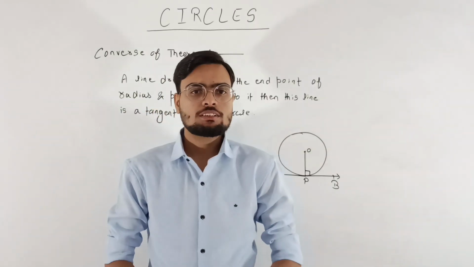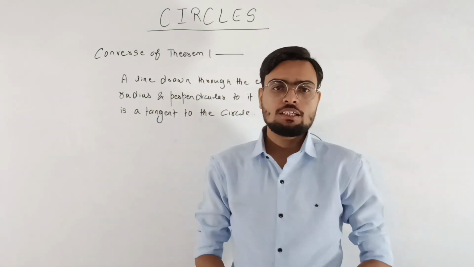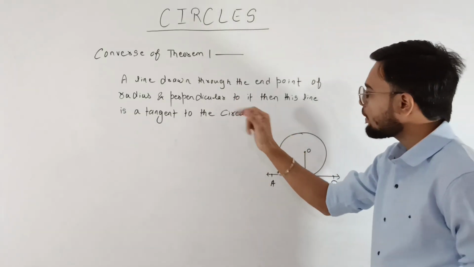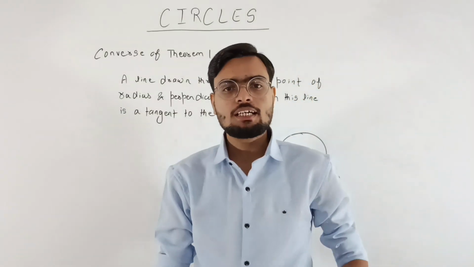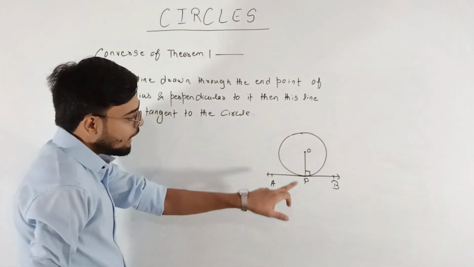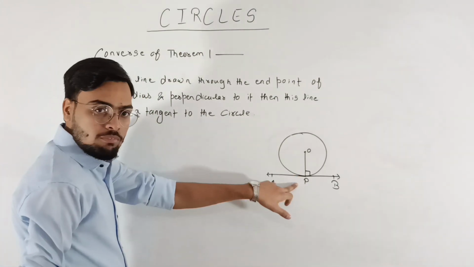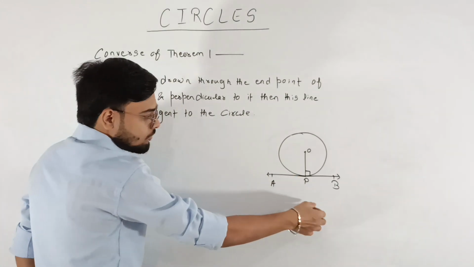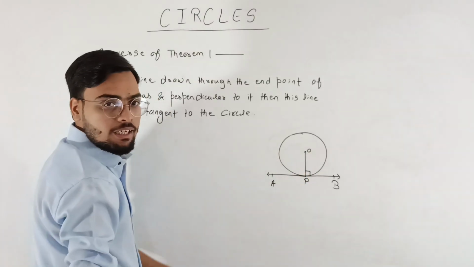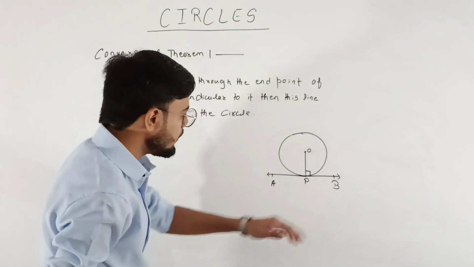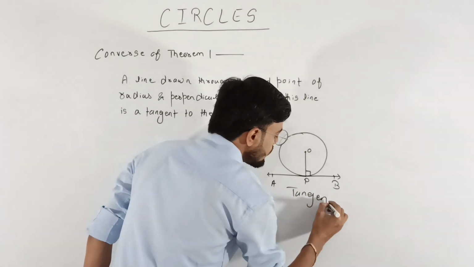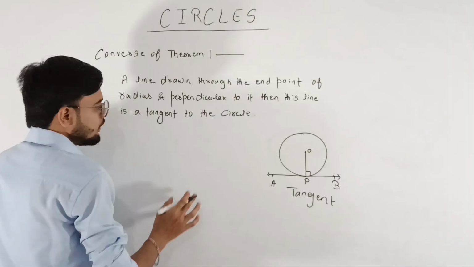Okay. Now this theorem has one converse, and what does this converse say? A line drawn through the end point of a radius and perpendicular to it is a tangent of a circle. Now look, suppose this is my circle with center O and there is a radius OP, and I draw a line AB, and this line AB is perpendicular to the radius OP. Then by converse of this theorem, I say that this line AB is a tangent for this circle.